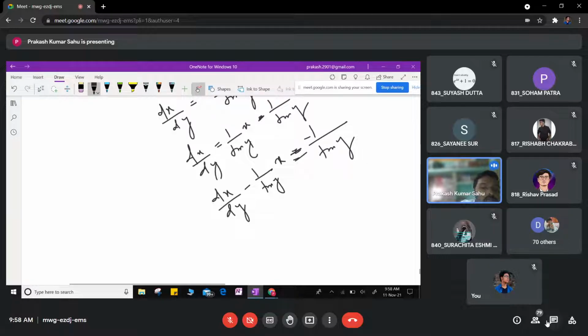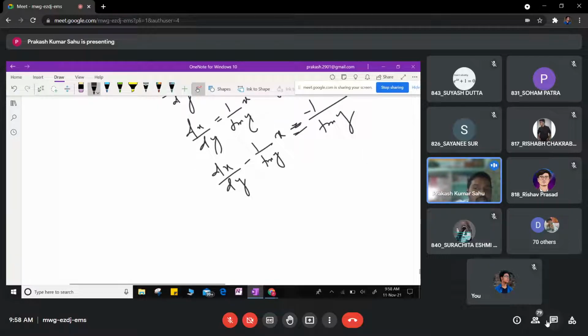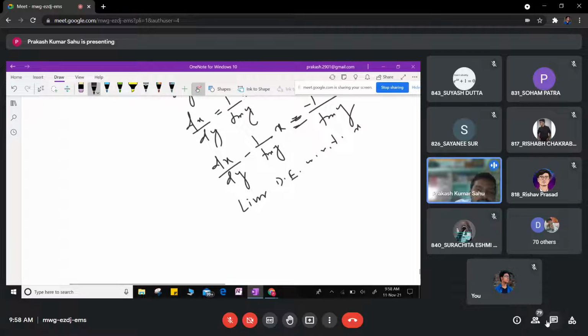So now it is the form of a linear differential equation with respect to x, not with respect to y. x is linear. So this is dx by dy.